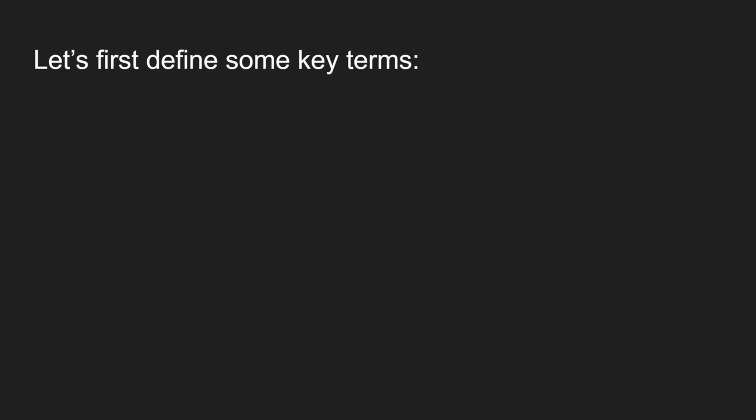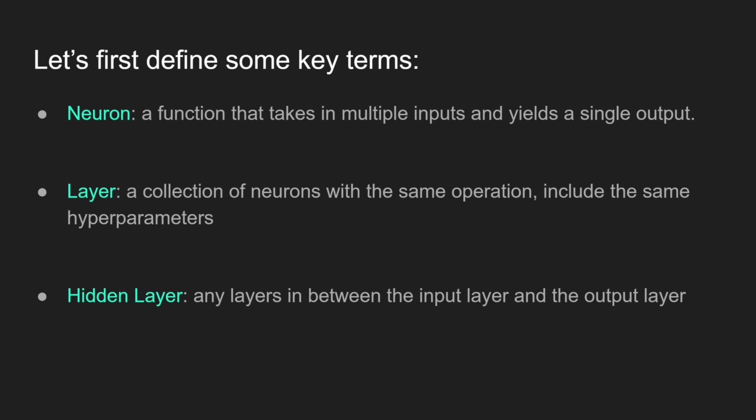So let's first define some key terms that will be used throughout the video. And here we have neuron. You can think of a neuron as a function that takes in multiple inputs and outputs a single output, right? And layers are simply a collection of neurons with the same operation, including the same hyperparameters.